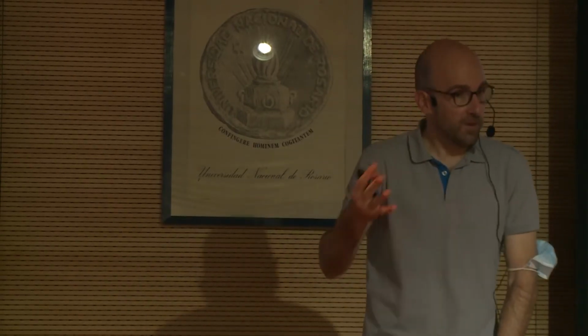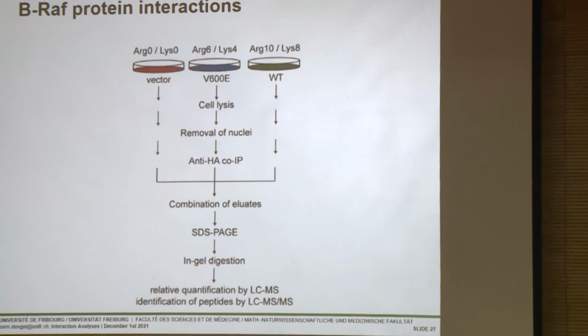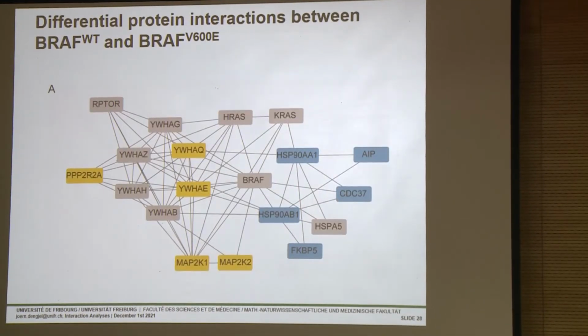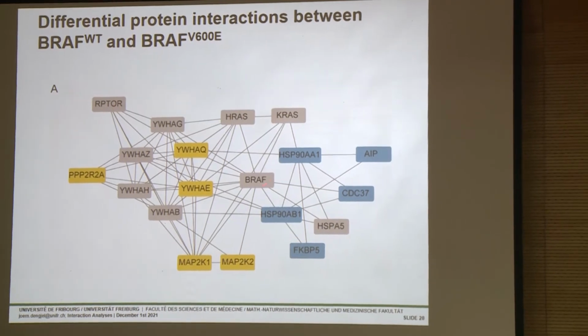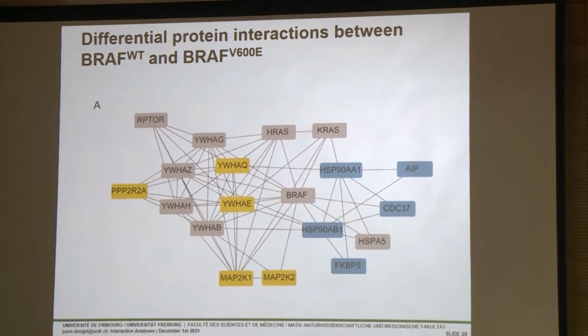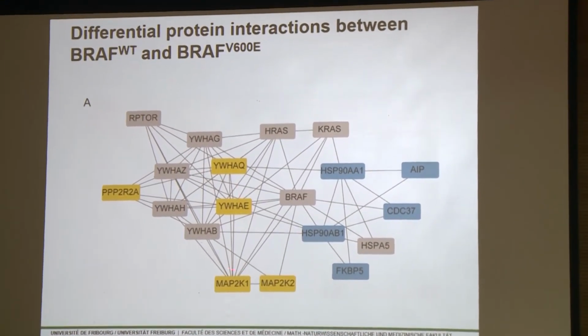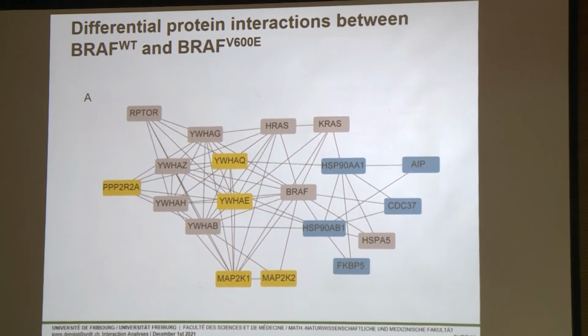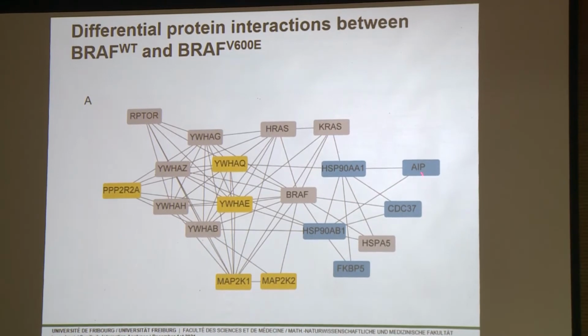But then to prove the data, once you have this size exclusion data, then you can perform a classical IP and ask, okay, what proteins do I find in my IP, right? And then we generated this network. So we have here BRAF in the center, and then the color code is that all the yellow proteins, we find stronger binding to wild-type BRAF, and all the blue proteins, we find stronger binding to the oncogenic BRAF.